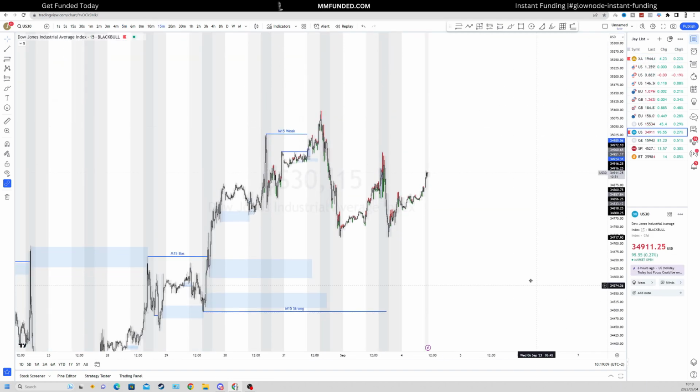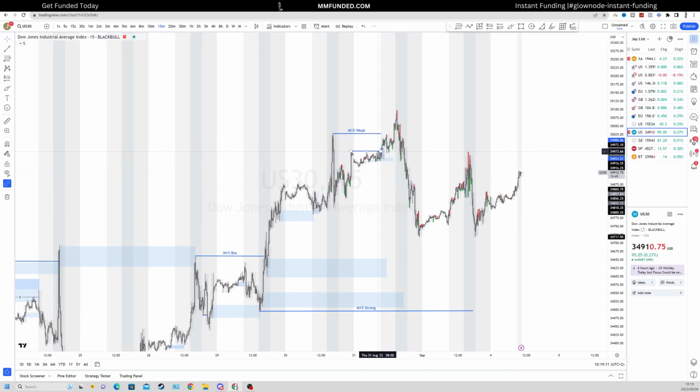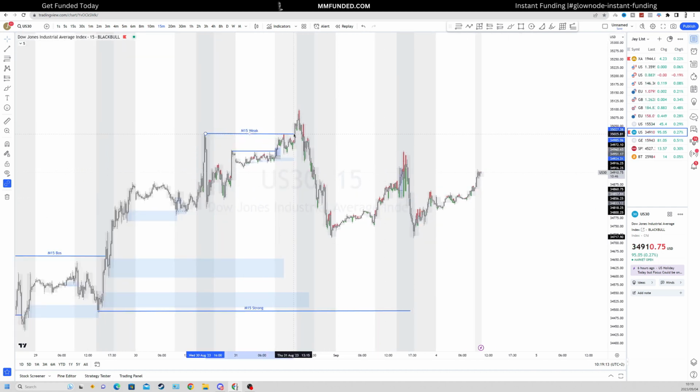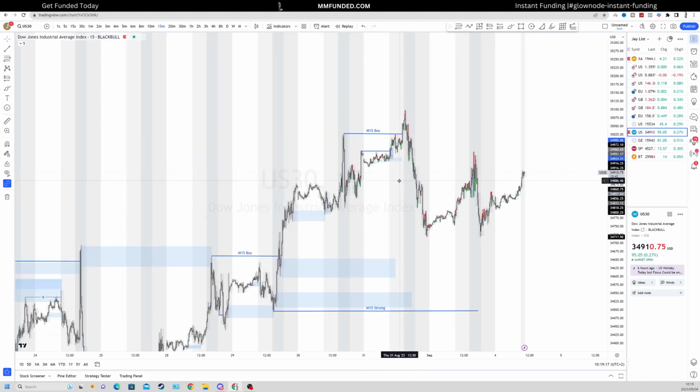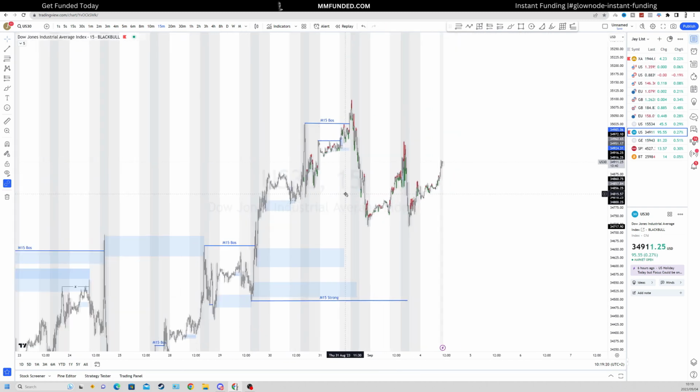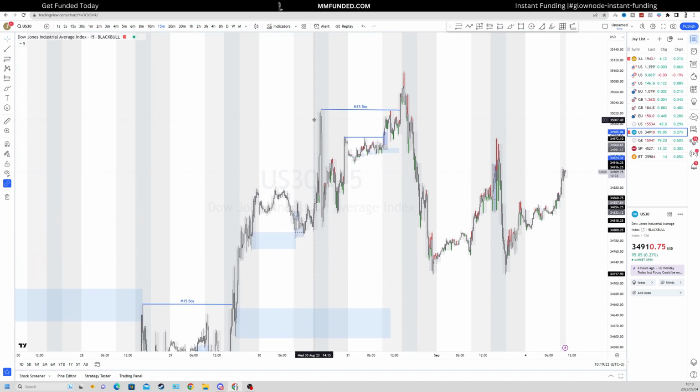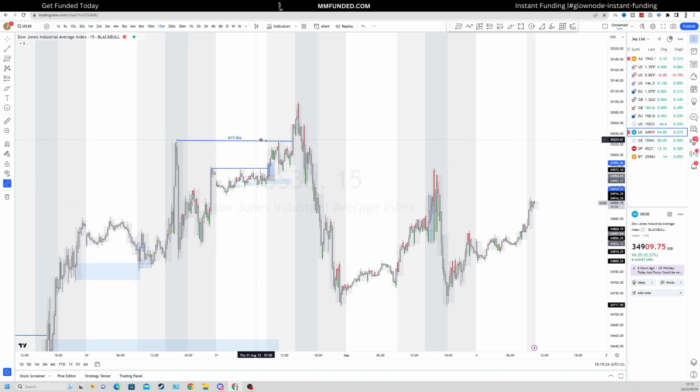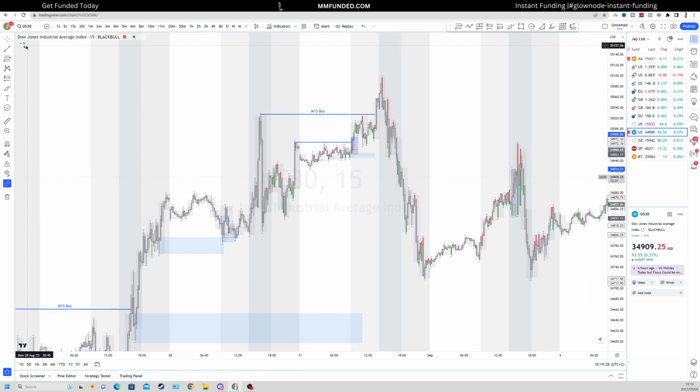So M15 time frame. Most recently, we targeted those weak highs last week Thursday. So that was our valid M15 BOS. Although, on the stream last week Wednesday, I know we marked this out as an M15 weak high, but it wasn't an official weak high yet because it never created any internal break of structure to the downside.